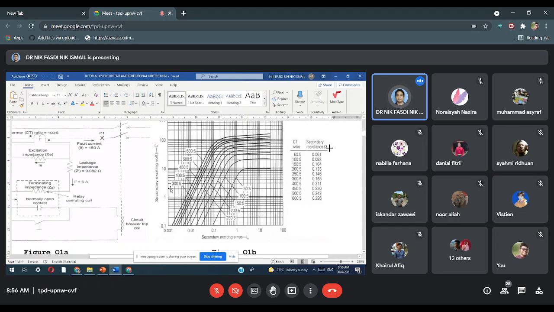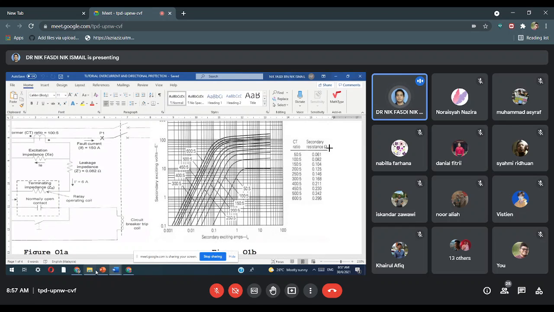So dia akan intersect with this curve. Kat sinilah area dia. So 0.1, 0.2 dalam around 0.3. Kan nampak 0.3? Because dia intercept dengan 5 volts. So you dapat nilai dia IE or secondary excited amps is 0.3 amps.